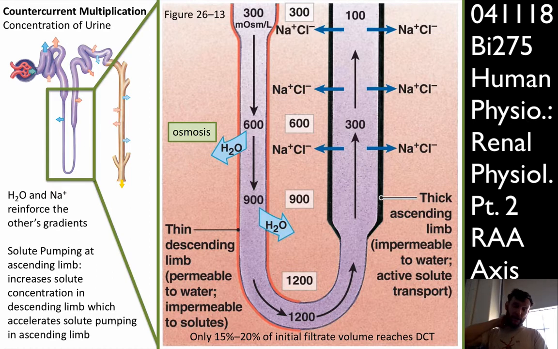This part of the membrane is fully permeable to water, but it's impermeable to various solutes. So water leaves the tubular fluid, leaves the descending limb passively, going down its concentration gradient. It's getting sucked out of the tubular fluid because of the osmotic gradient that's being created by the ascending limb actively, countercurrent multiplication.